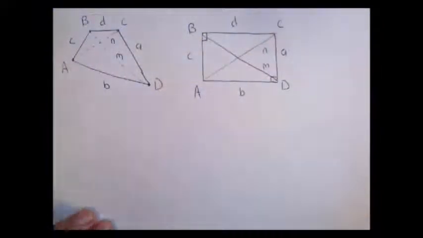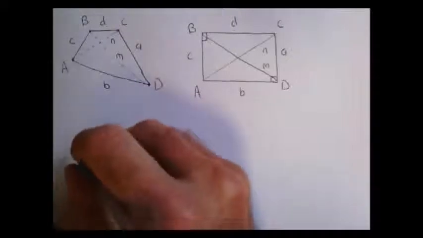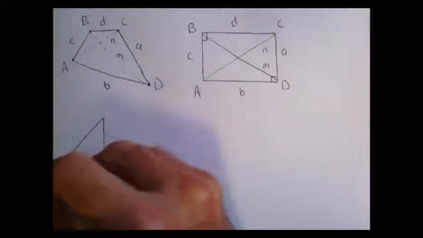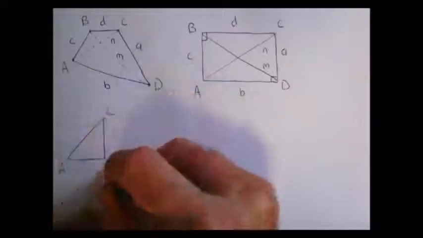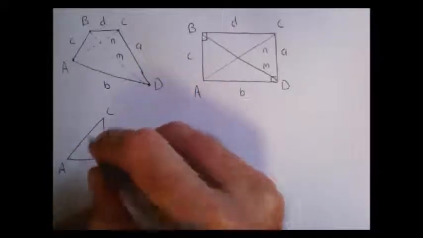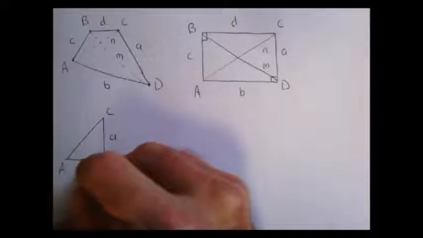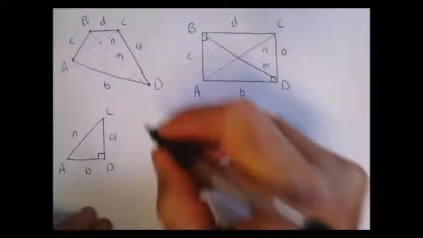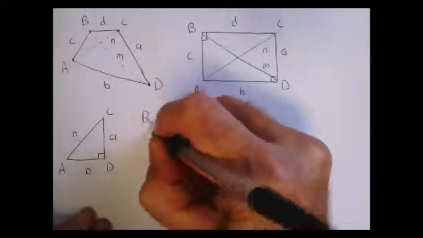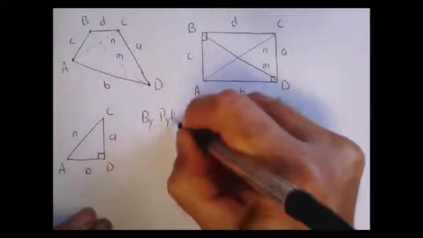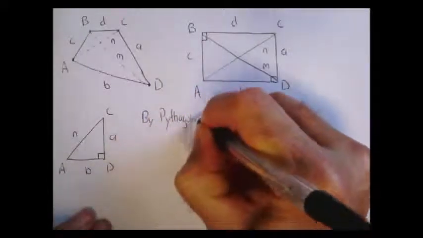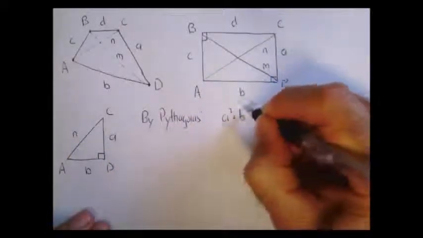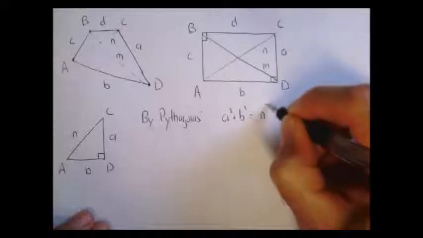So I can see, for example, in the triangle ACD, I've got a right angle there, side A, side B and N. I can say by Pythagoras' theorem, I have a squared plus b squared is equal to n squared.